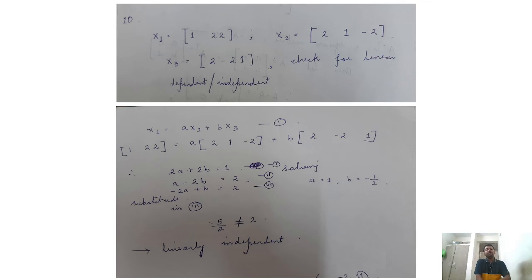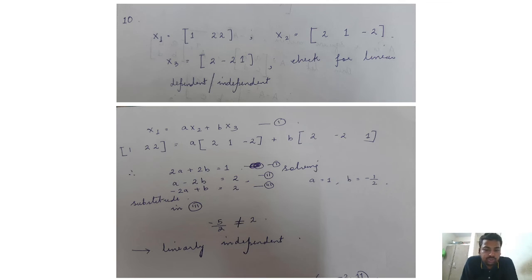As we have two variables, a and b, two equations are enough to solve and get the values of the constants a and b. Solving equations 1 and 2, we have a equals 1 and b equals minus 1 by 2.